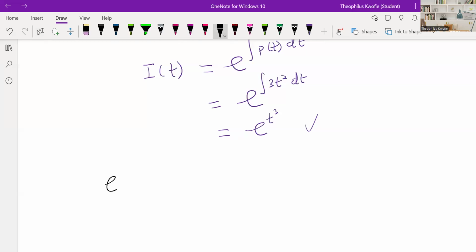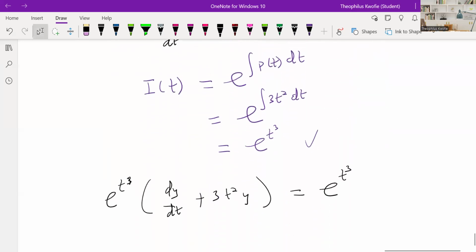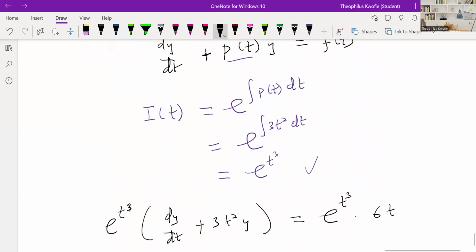We're going to have e to the power t to the power 3 multiplying dy/dt plus 3t squared y equal to e to the power t to the power 3. Then the other side we have 6t squared.